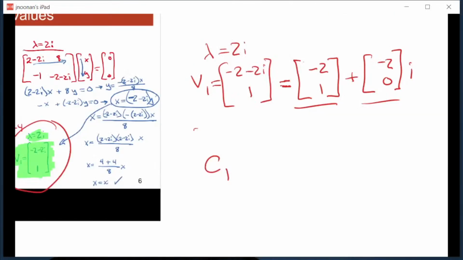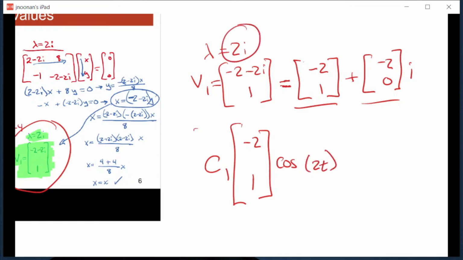So we have C1 times negative 2, 1 times the cosine of 2t. So notice that gives you the cosine of 2t plus negative 2, 0 times the sine of 2t.